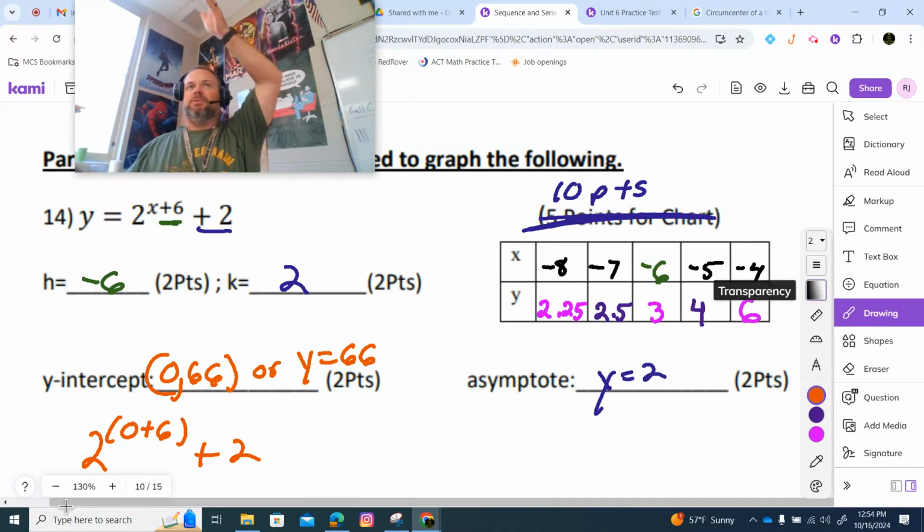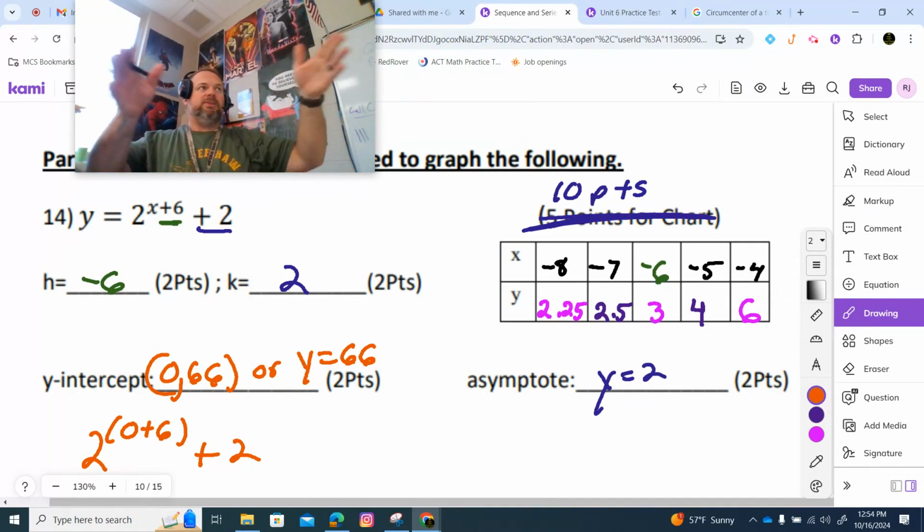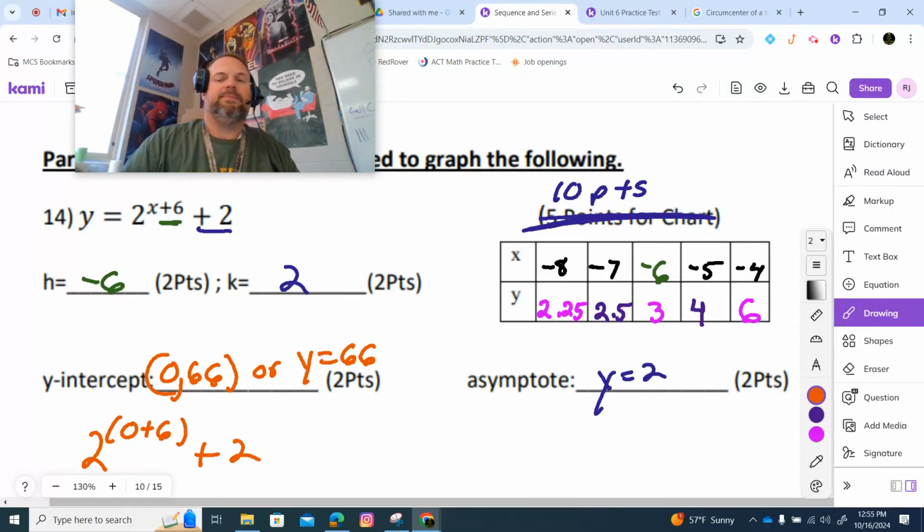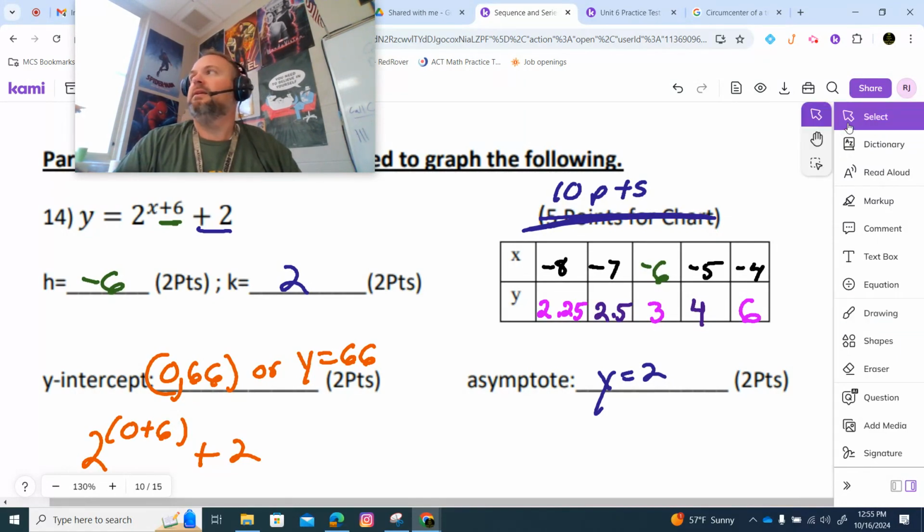It's exponential. Okay? It's like if you tell two friends and they tell two friends and so on and so on. Yeah. All right. So everybody got this one? Awesome.